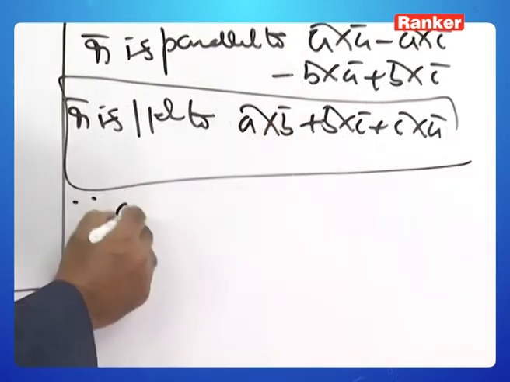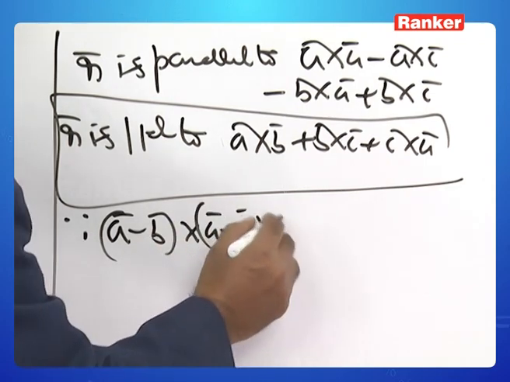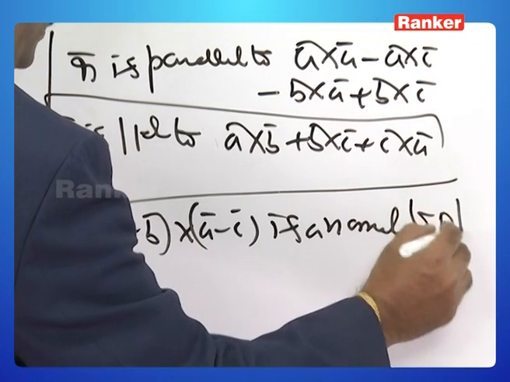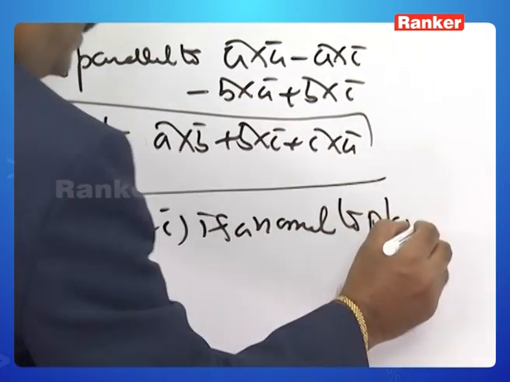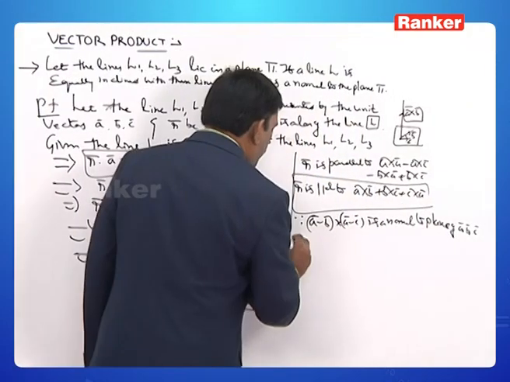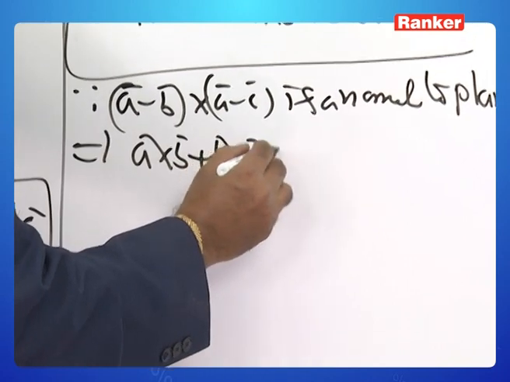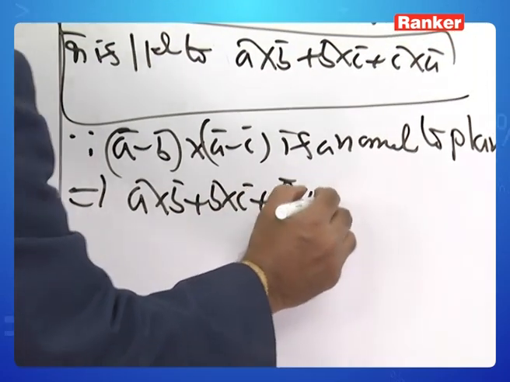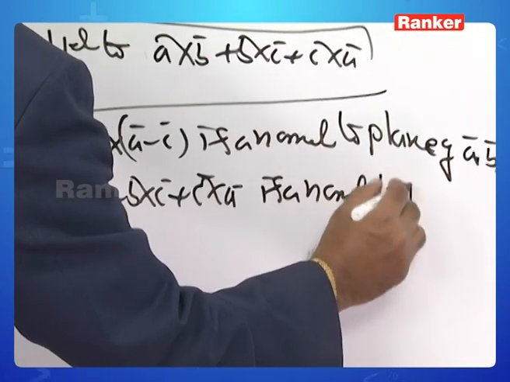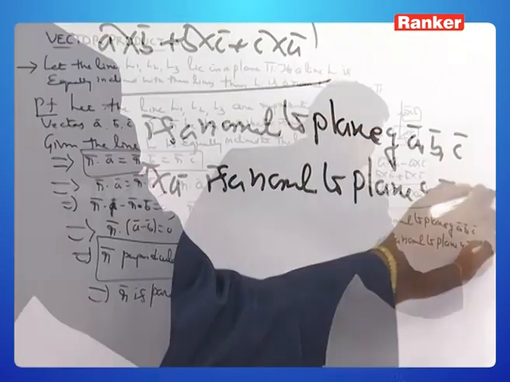Since a bar minus b bar cross a bar minus c bar is a normal to the plane of a bar, b bar, c bar, which implies a cross b, b cross c, c cross a is a normal to the plane of a bar, b bar, c bar.